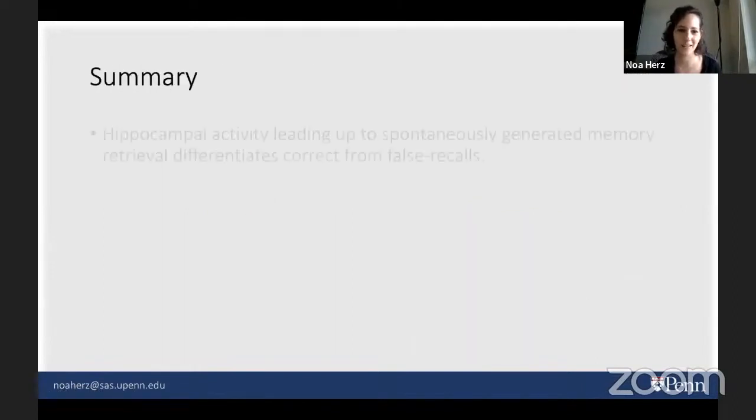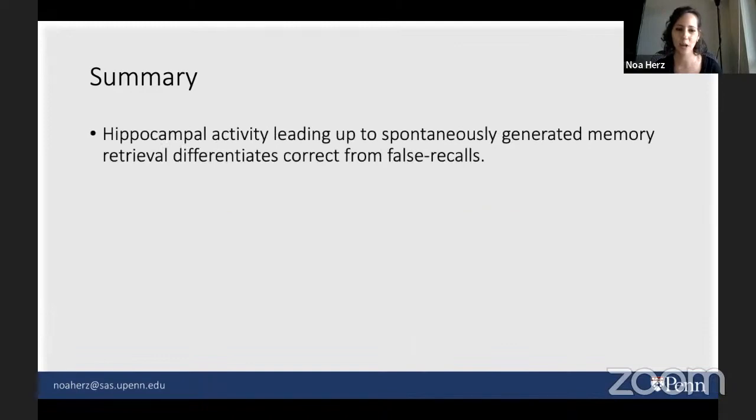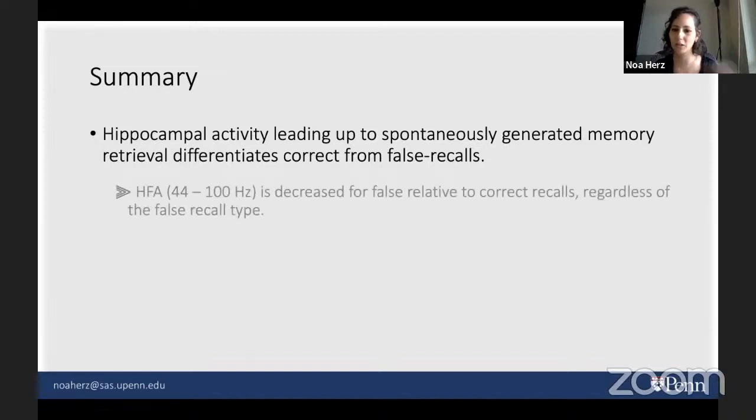By that, I'll summarize. What we've shown is that hippocampal activity at the moments leading to memory retrieval can differentiate and actually predict whether a correct or a false recall is about to happen. I showed you that high frequency activity differentiates between correct and false recalls, but that's regardless of the false recall type.